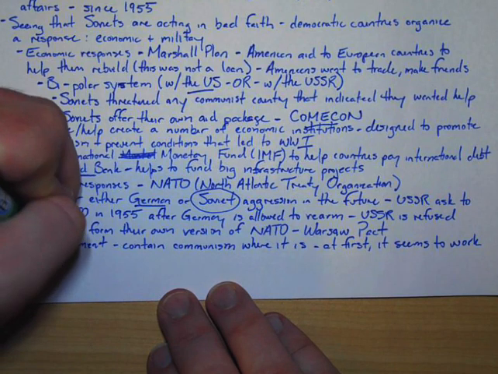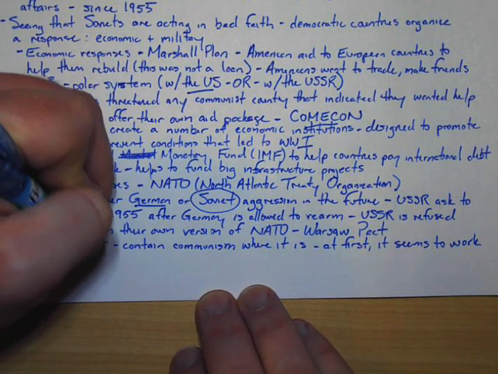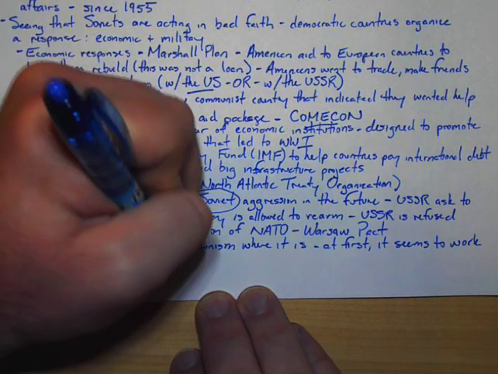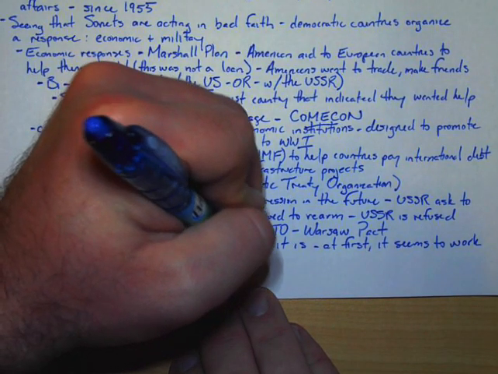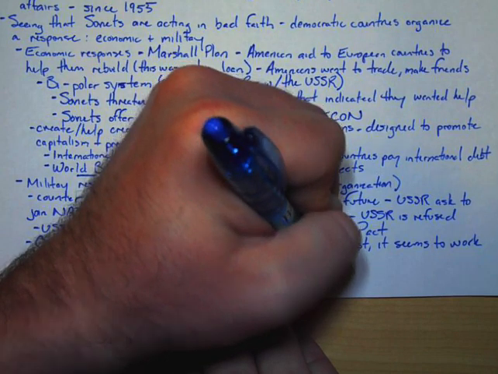In 1947, NATO helps prevent Greece from falling to communism.